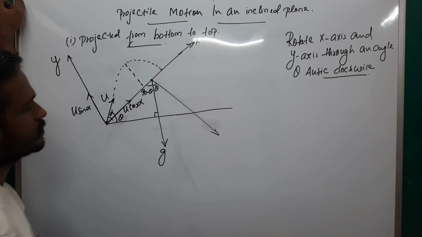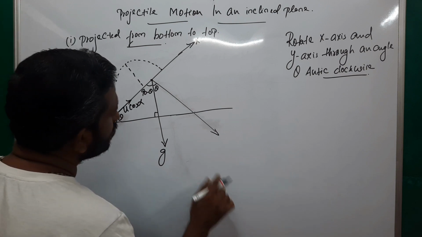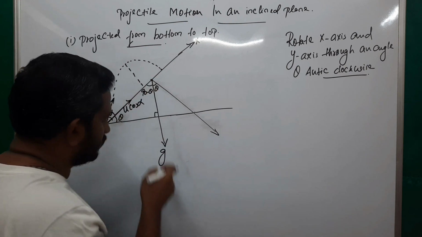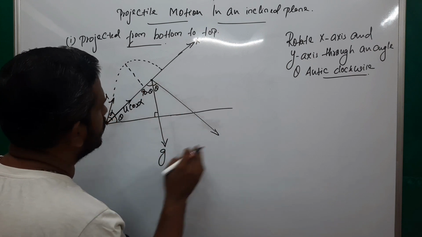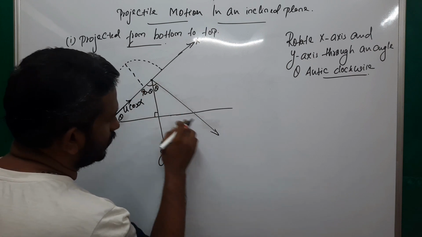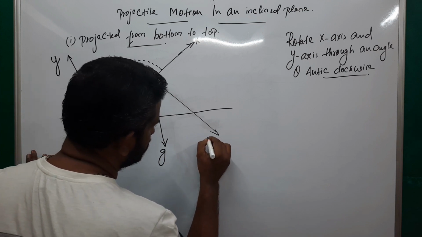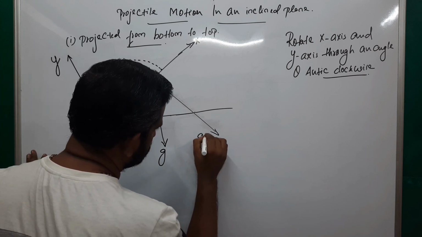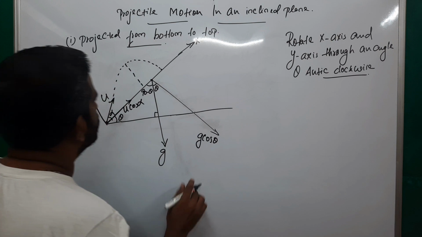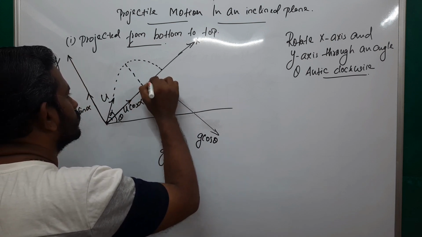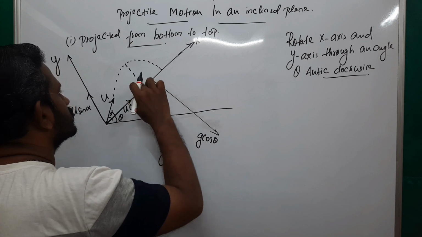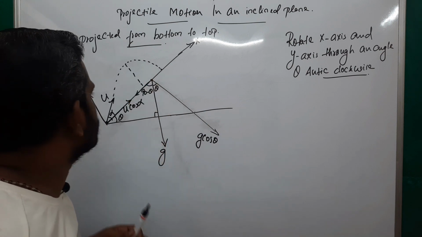Clear? So now what about this component? This is a vector which makes an angle theta with this. So this component is g cos theta, and this component is g sin theta.